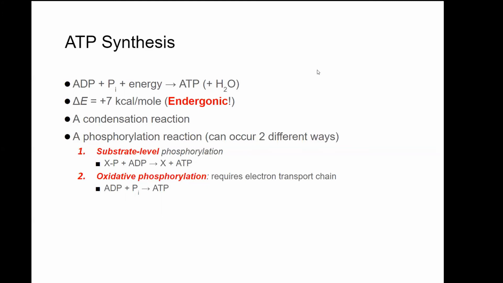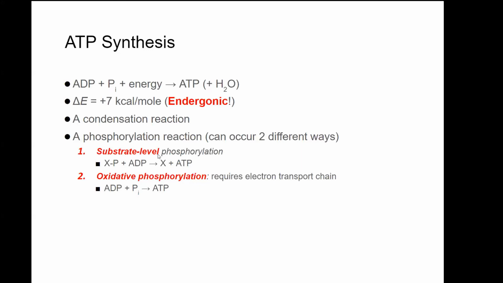We break down ways of making ATP into two buckets. We can have substrate level phosphorylation, where we break a covalently bonded phosphate group off of something else and put it onto ADP to make our ATP. We'll also have oxidative phosphorylation, where we have some phosphate groups hanging around, and we're going to use our electron transport chain in order to bind these phosphate groups on.